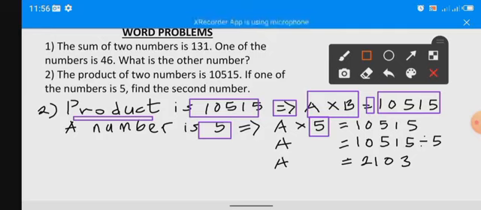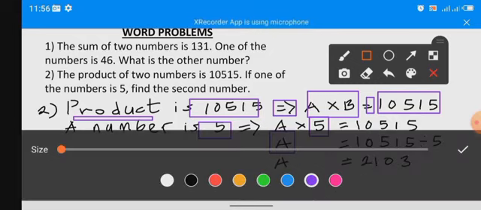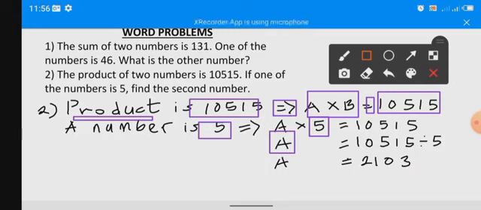All right, having done that, what follows? A is the unknown, so we now make it stand alone. How do we do that? This is how we do that. We take this times 5, multiplied by 5, and we move it from the left to the right hand side.